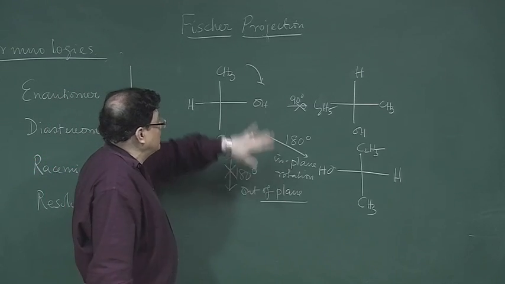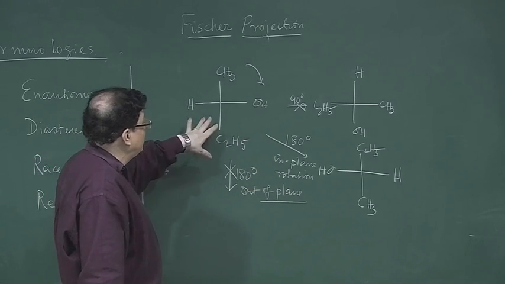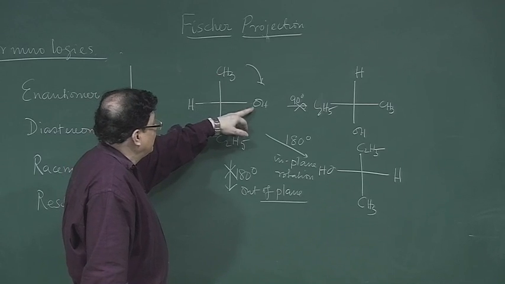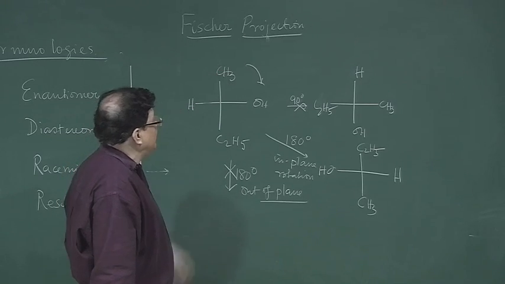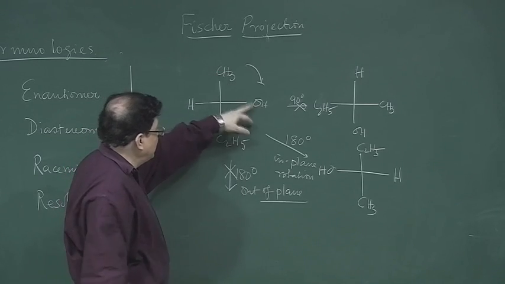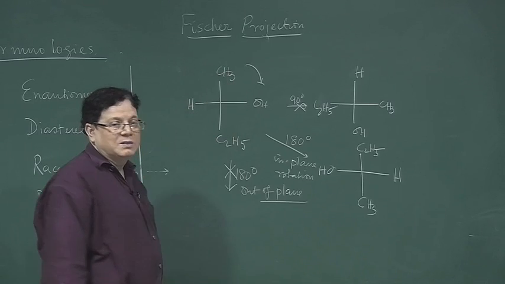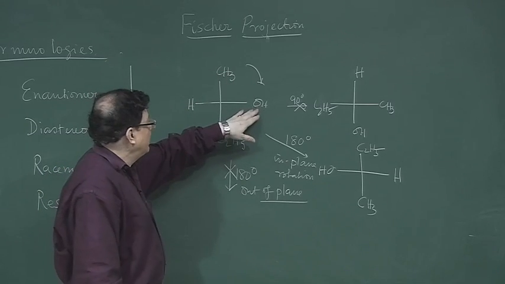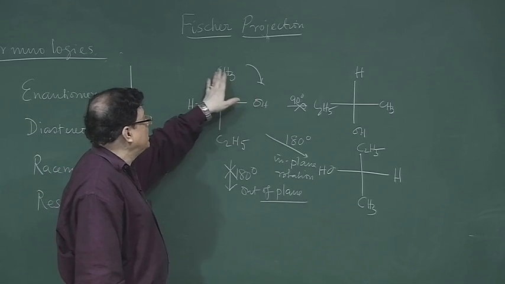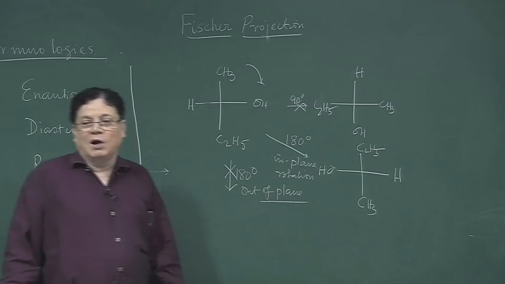Then what are the other rules? The other rule is about exchanging the position of these ligands. Suppose I exchange OH with methyl, I put OH here, methyl here, whether that is allowed or not.